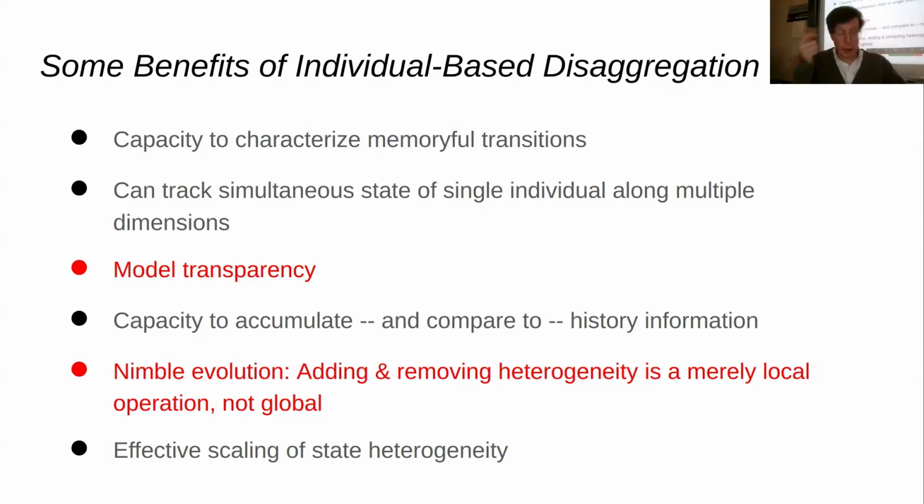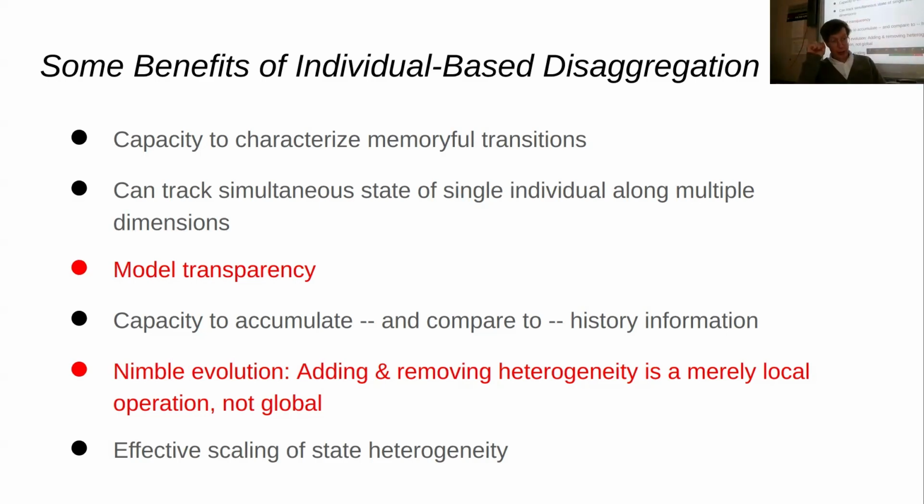But further, models have the ability to accumulate history information: my number of pack years I've smoked, the number of years I've spent obese, the number of times I've attempted to quit, the number of times I've been infected by COVID.